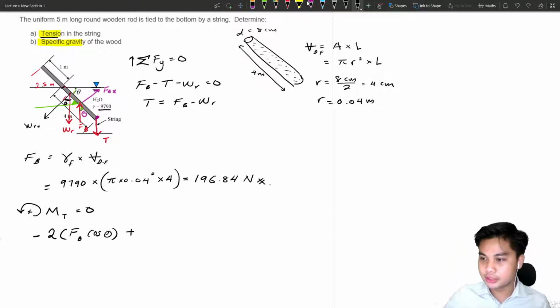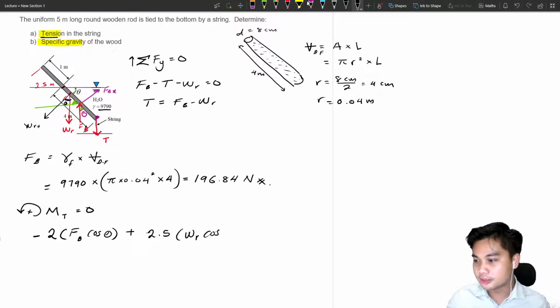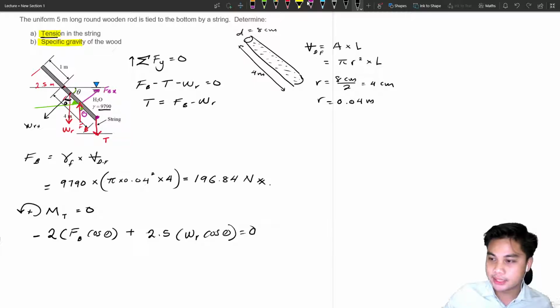It is positive. So the value here is 2.5 multiplied with the WR cos theta equal to 0, because this angle has the same angle as this. In order to get this, you cos it.